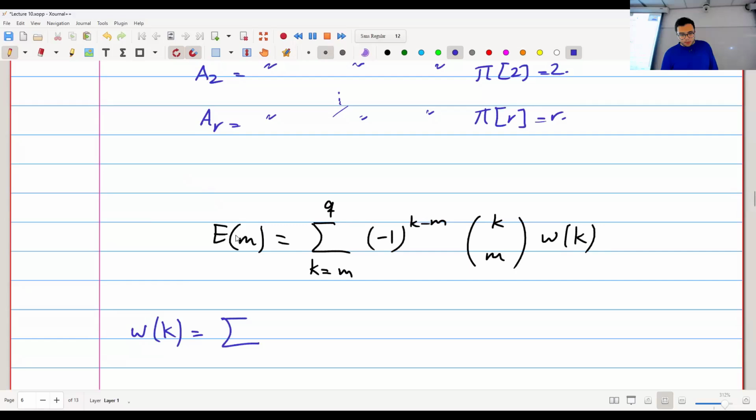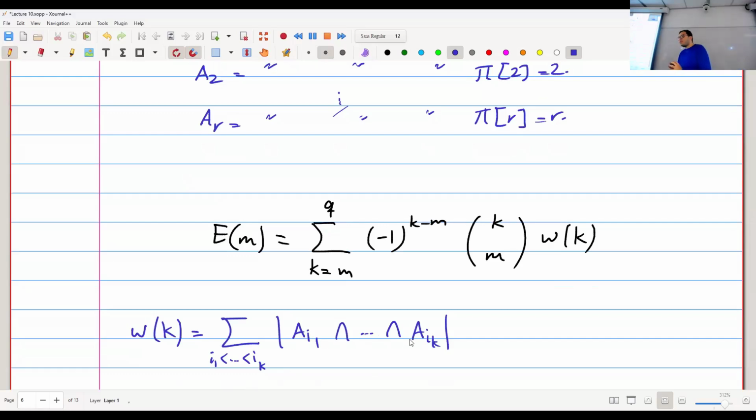Remember, omega of k was by definition the sum of all the intersections of k elements, right? Now, am I not lucky? All of these intersections have the same size in this case. So let's say that I want to find the intersection of A_i1, A_i2 to A_ik.